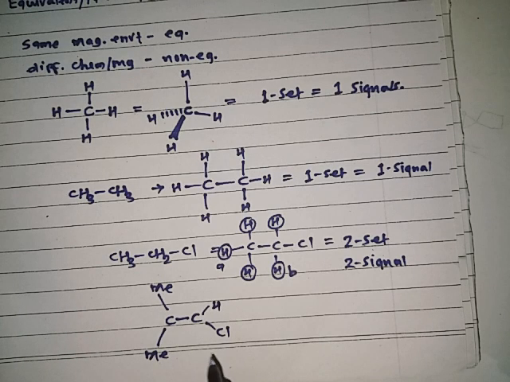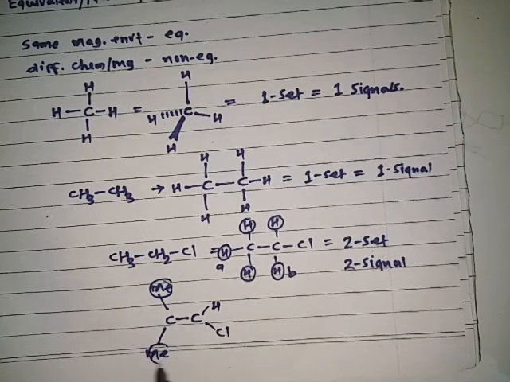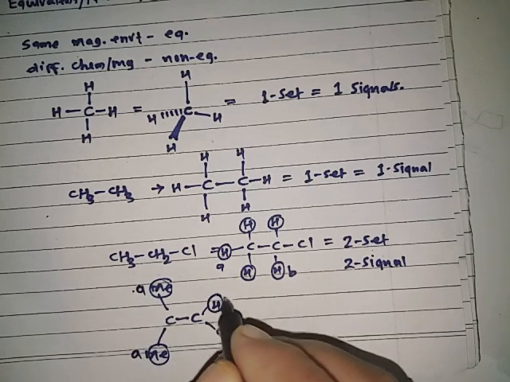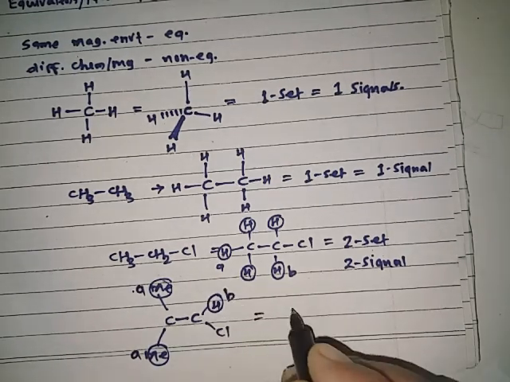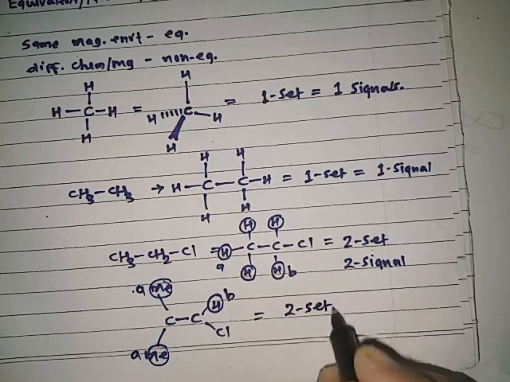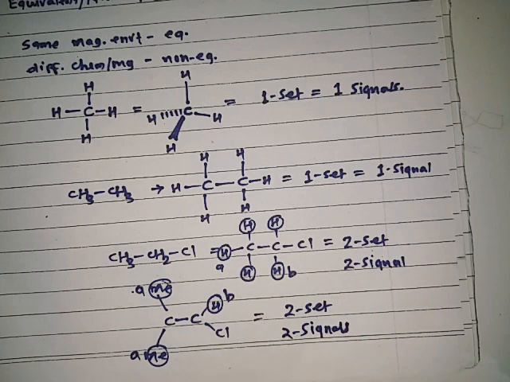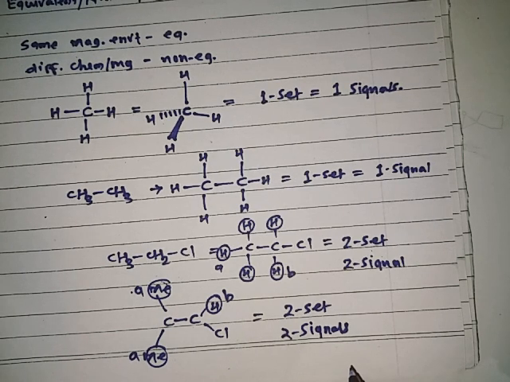Then these three protons become one set, A set, and this proton becomes B set. So again there are two sets and we observe two signals. In this way we can determine the number of protons present in the given structure.